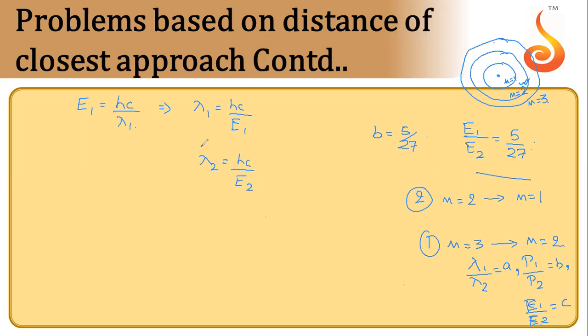Now we need to divide these two equations. So hc will get cancelled, and we will get lambda 1 by lambda 2 equals E2 by E1. And since E1 by E2 is 5 by 27, this relation will be 27 by 5. So that is the value of A. That's all. Thank you.